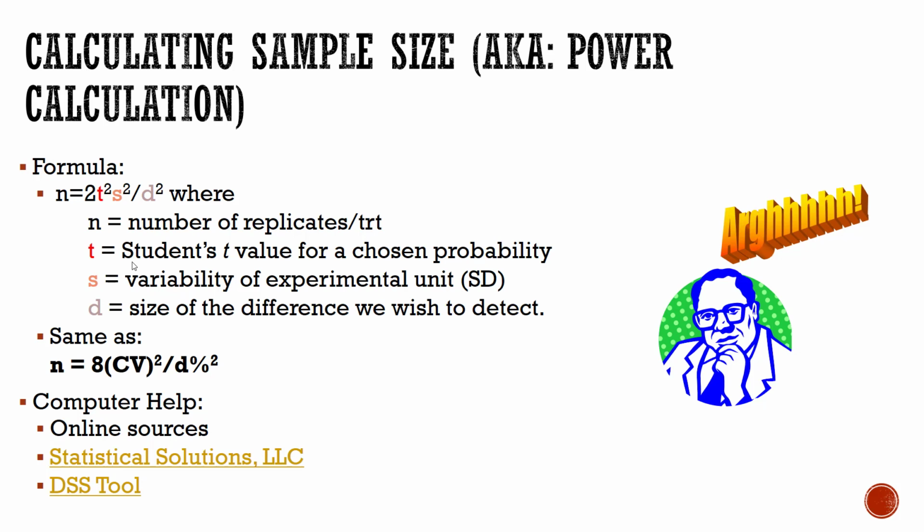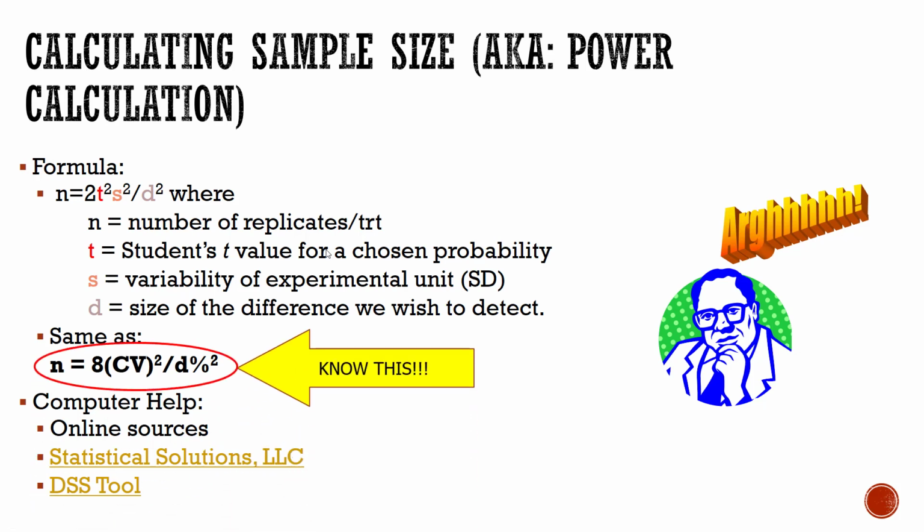And so, for simplicity's sake, we have actually made this equation a lot simpler, so you guys only have to memorize this equation that is highlighted on the slide, where n equals 8 times the CV squared divided by d squared, the size of the difference that we wish to detect.